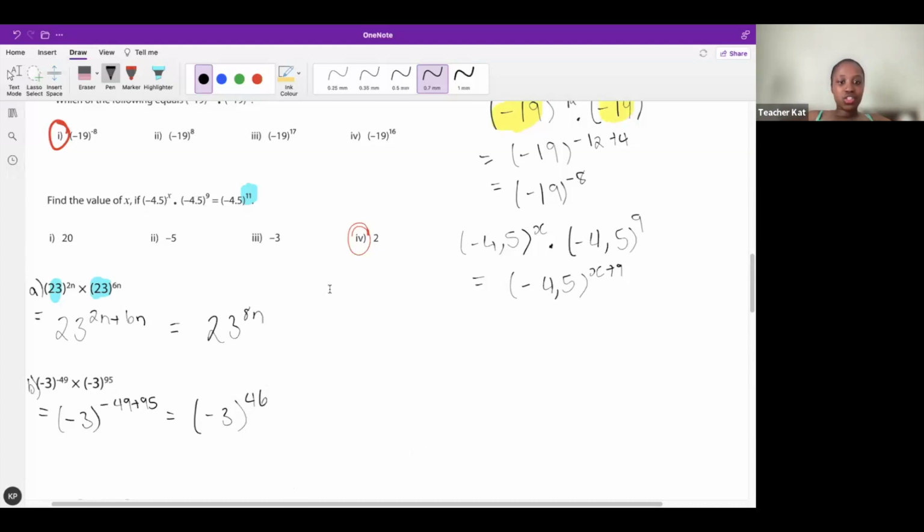It's a nice challenge. Negative and positive make negative. But remember, we are not multiplying the base with the exponent. This exponent is telling us how many times we're going to multiply the base by itself. So we're going to have 46 negative 3's multiplied by each other.